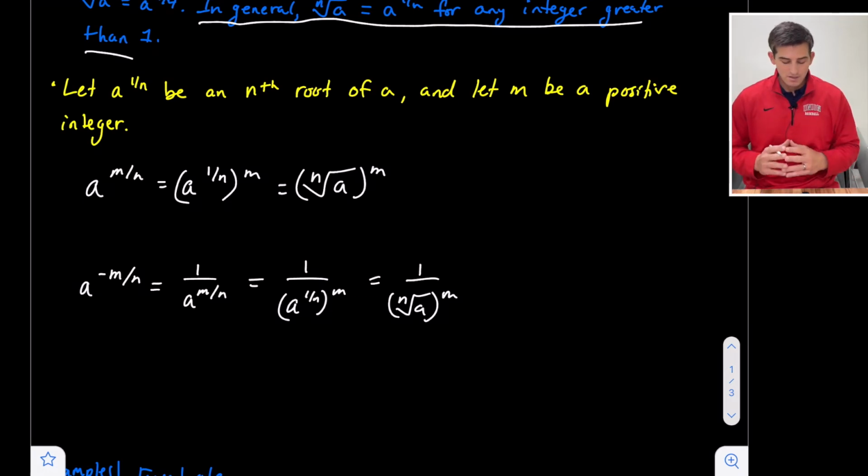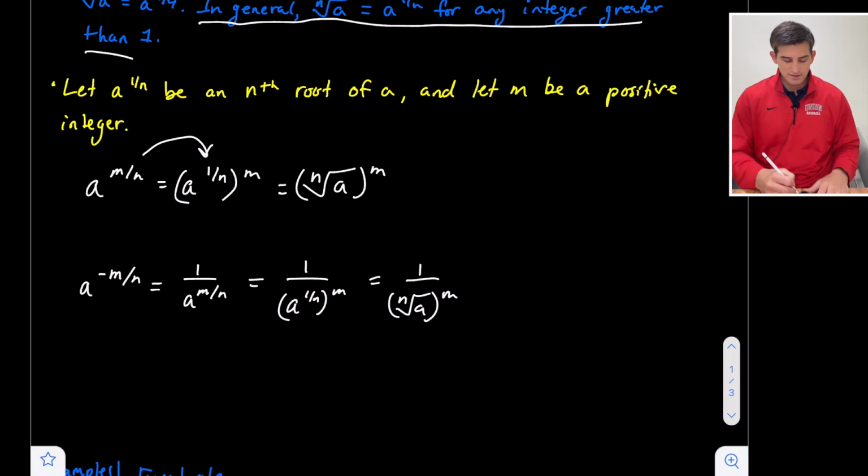We're going to break this apart and basically undo the power of a power property. So we're going to have a to the 1 over n, raised to the m power. Now we can use that rational exponent rule we just looked at: a to the 1 over n is the nth root of a, so we evaluate the root we're working with, and then raise it to the power of m.